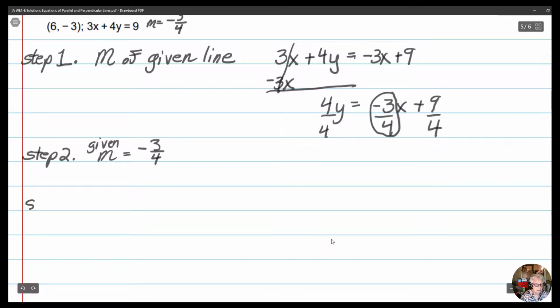Now, step 3. This is the two-parter. M of perpendicular line. Okay. Now, A. Change the sign.